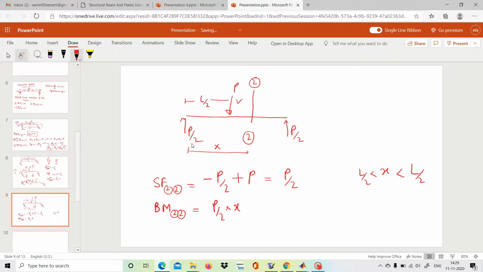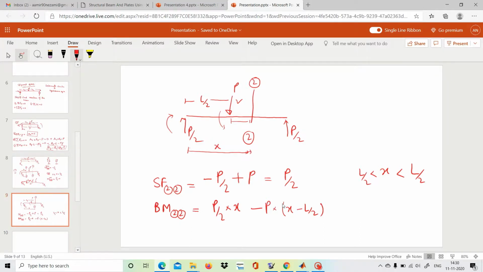Now the other force, this transverse force, would also make a moment for this section. It would be minus, because it causes a hogging moment for this beam, while the other caused a sagging moment for this section: minus P into x minus L by 2, because x is up to this section and L by 2 is up to this section, so x minus L by 2 would be this distance.